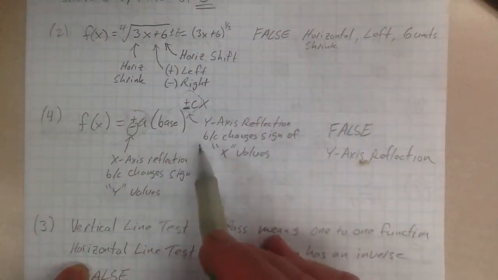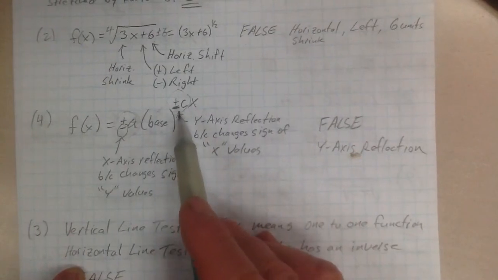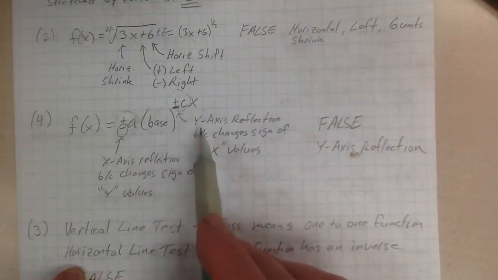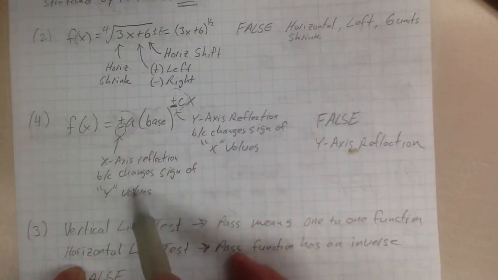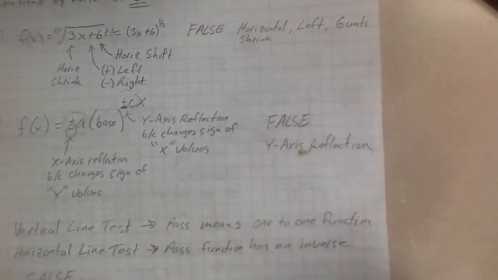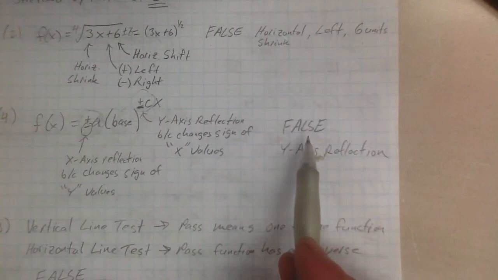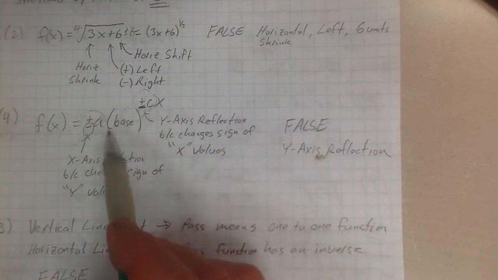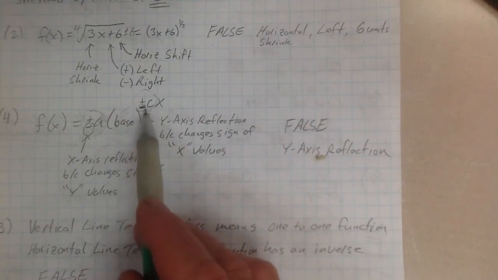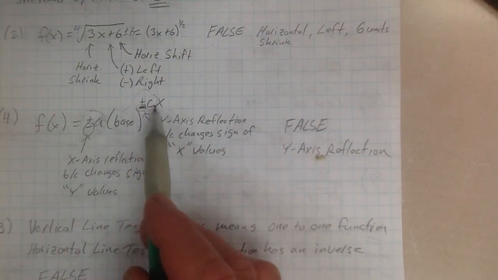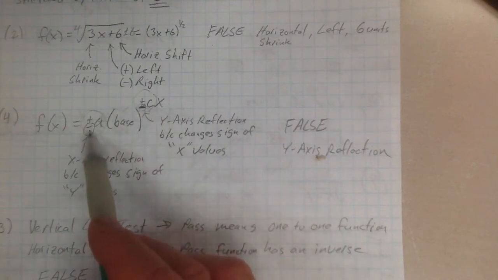If I have a negative sign here, that's going to be a y-axis reflection. If my negative sign is here, then I'm going to have an x-axis reflection. So this is false, because it's not an x-axis reflection, it's a y-axis reflection, since my negative sign is in front of my x variable and not here.